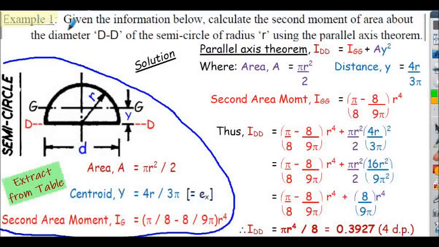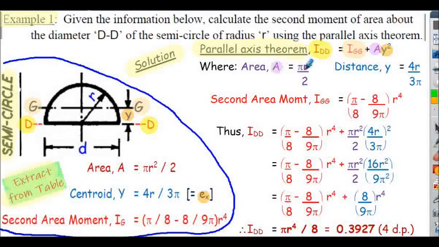So here's example 1, solution, section property for the semicircle. From the parallel axis theorem, second moment area IDD, base of the semicircle, is equal to the second moment area about the centroidal axis, labelled GG here, plus the area of the semicircle multiplied by the y dimension squared, y being the centroid location of the semicircle from the base DD.